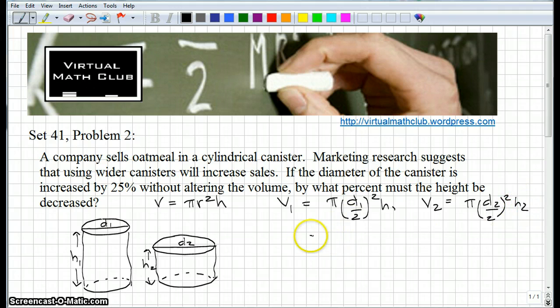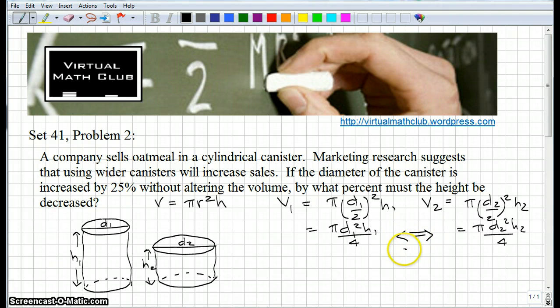We can rewrite that as pi D1 squared H1 over 4. We get rid of the square on the bottom, so this is over 4. And this is equal to pi D2 squared H2 over 4. And we want those two volumes to be the same, so we're going to make these two equal to each other.